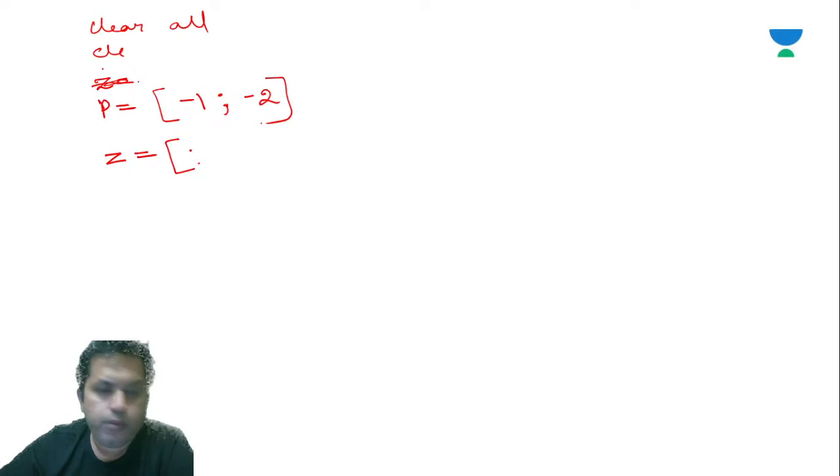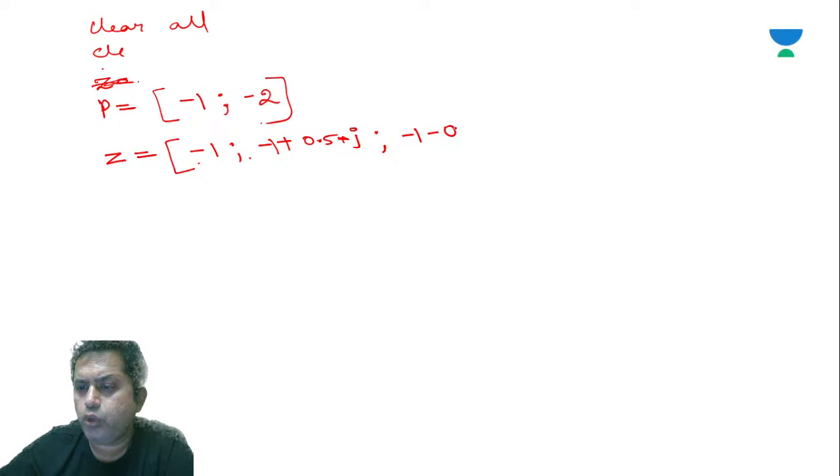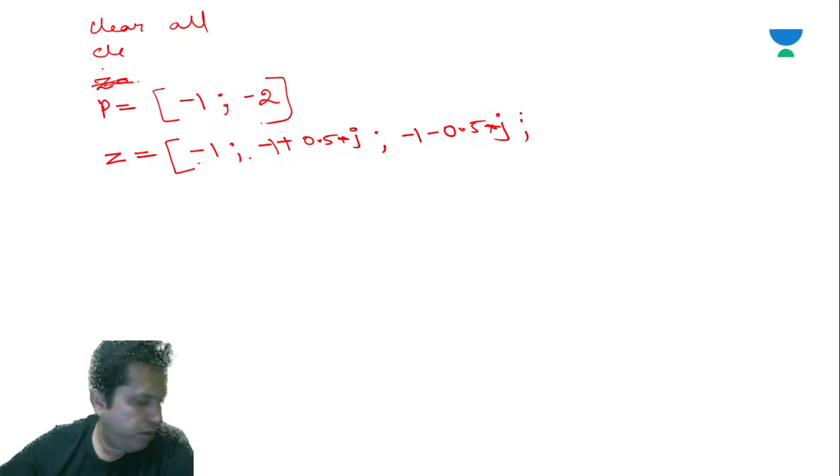-1; -1 plus 0.5 star j; -1 minus 0.5 star j; and -2. Gain k is 10.